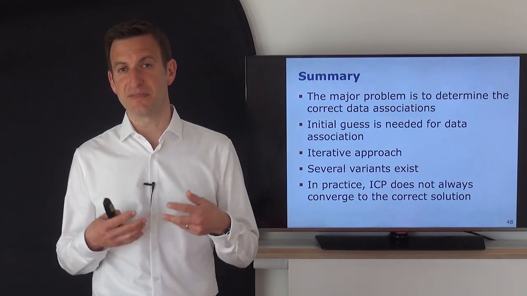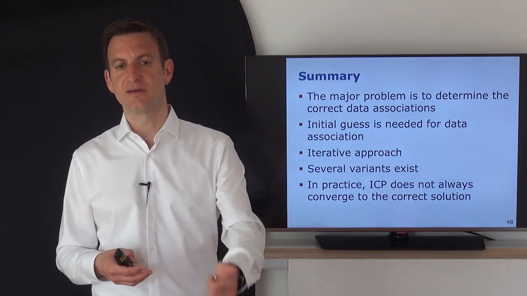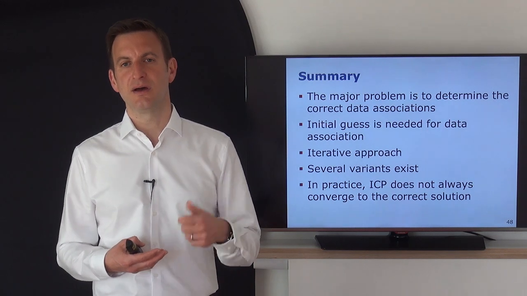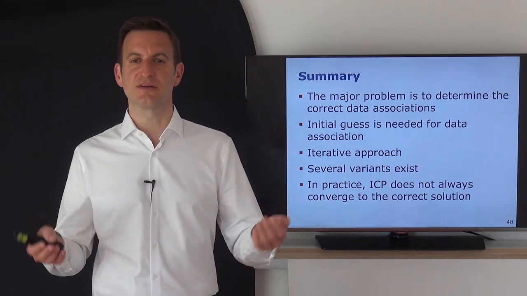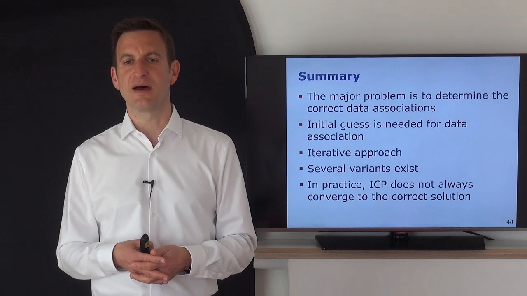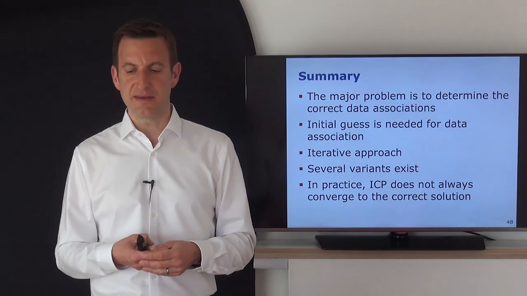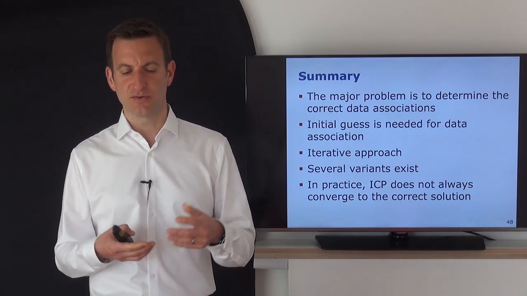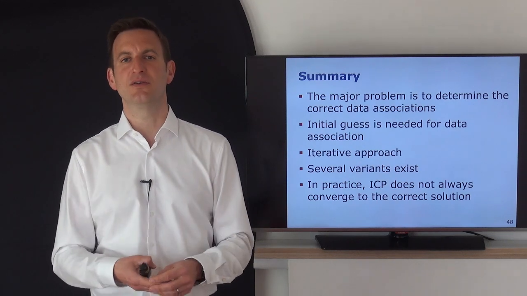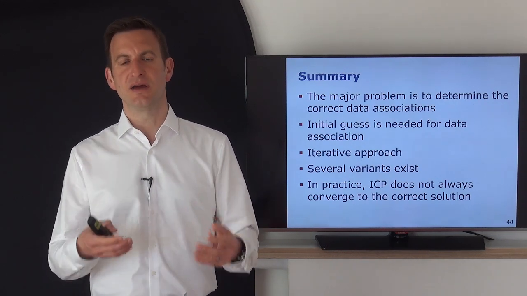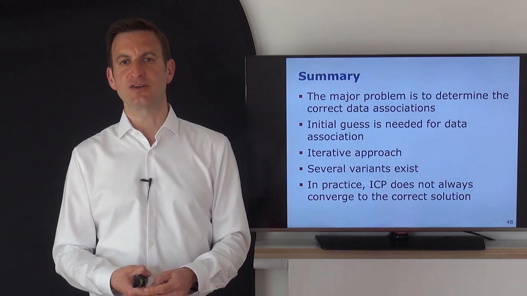That's the main problem. But the main reason for this is mistakes in the data association, or the scene has changed, or different things, which all can be subsumed or described by the mistake in data association. So if we have the right data association, everything is good. If we don't have the right data association, there's no guarantee that we actually do a good job.